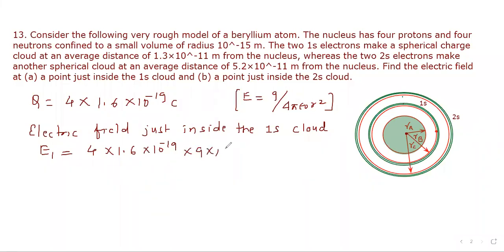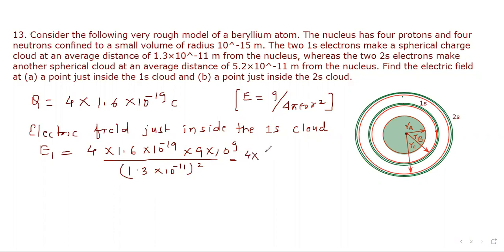Into 9 into 10 to the power 9 divided by separation. So distance Rb is given as 1.3 into 10 power minus 11 meter. So 1.3 into 10 to the power minus 11 whole square. So we can simplify it.